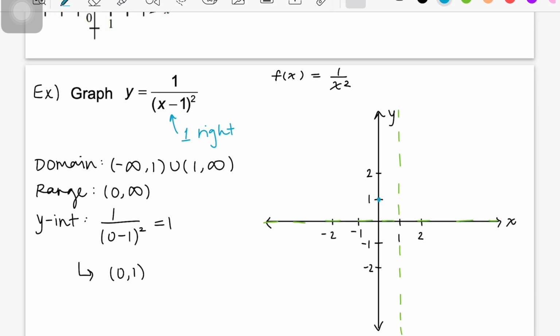So that'll be this point here. All right, so we'll plot this. We know to the right of our vertical asymptote, we're going to behave like this. And to the left, we're going to behave like this, never crossing the x-axis here. So our output values will never be 0, and none of our output values will be negative either.